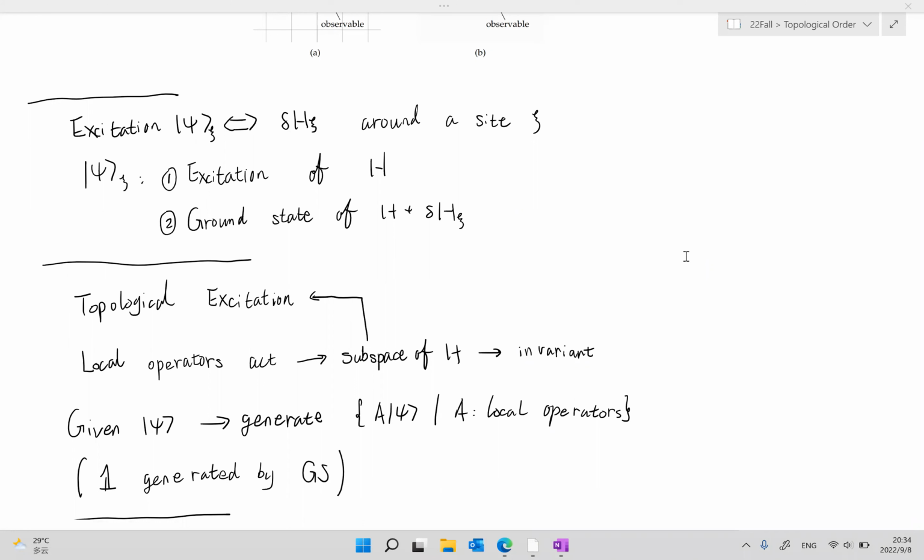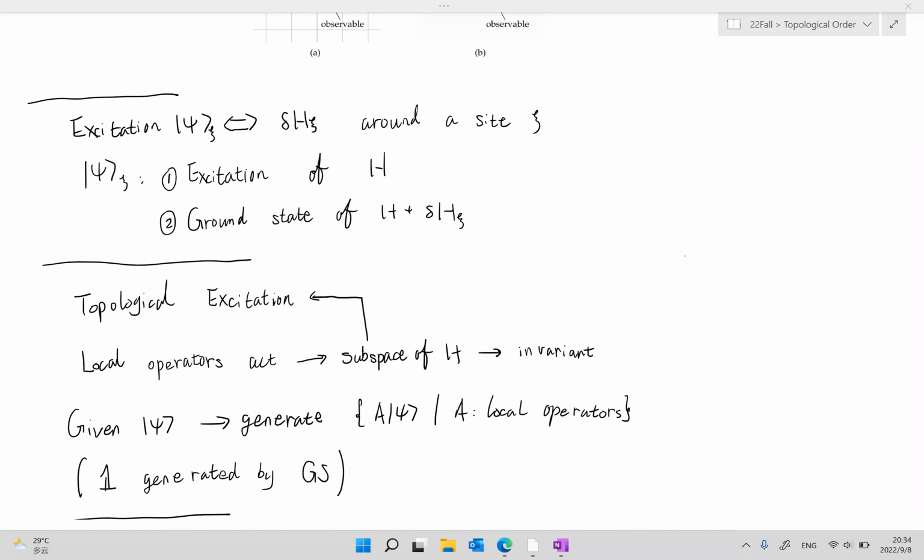Can you repeat your argument from yesterday? A defect is something where we can add some local terms or dislocations to the Hamiltonian.